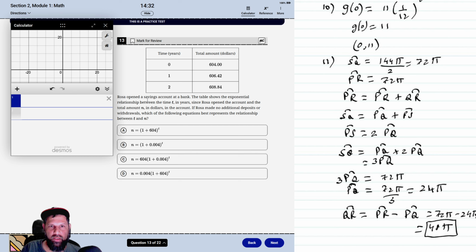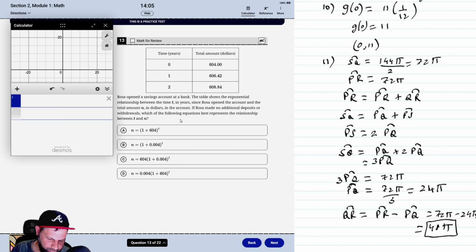Number 13, we have a table that's given, and here it says the table shows the exponential relationship between the time t in years since Rosa opened the account and the total amount n in dollars in the account. If Rosa made no additional deposits or withdrawals, which of the following equations best represents the relationship between t and n?